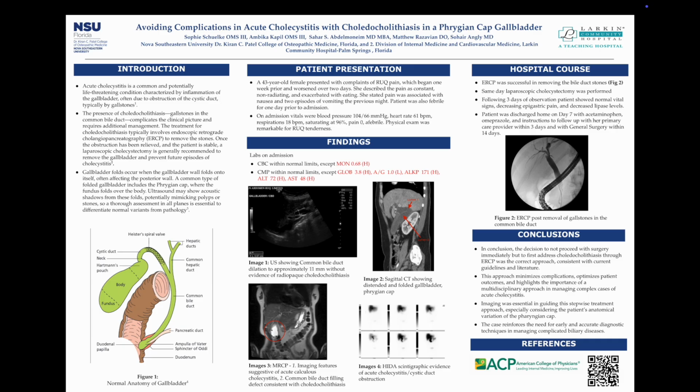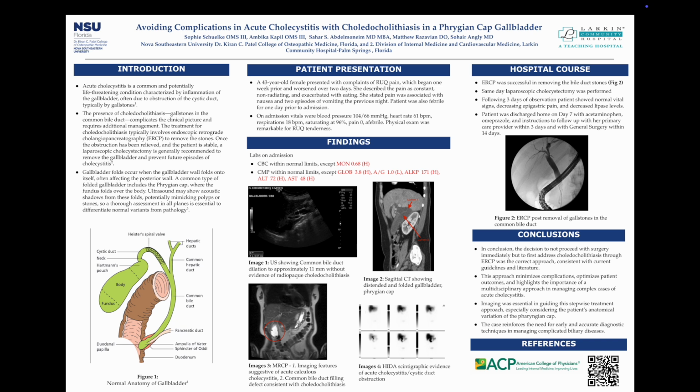Below are 4 significant image findings, the first being ultrasound showing common bile duct dilation to approximately 11 millimeters without evidence of radio-opaque choledocholithiasis. Image 2 is a sagittal CT showing a distended and folded gallbladder, Phrygian cap.